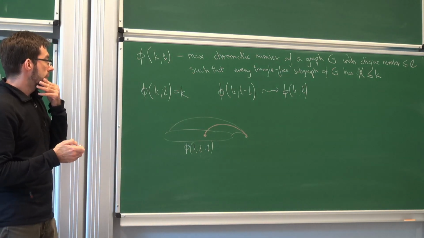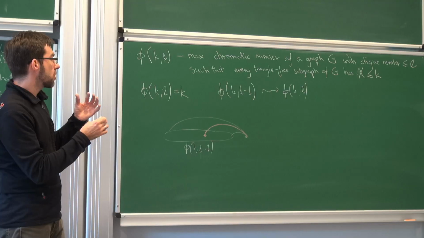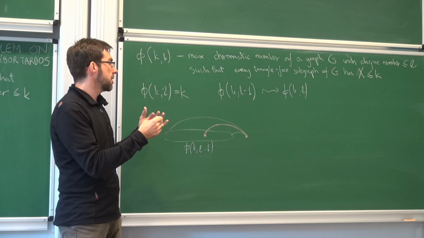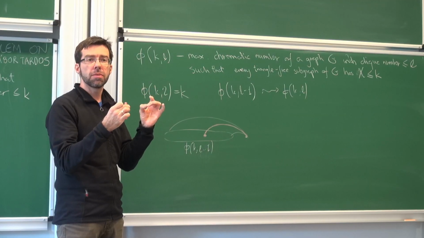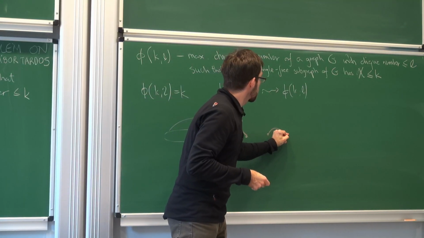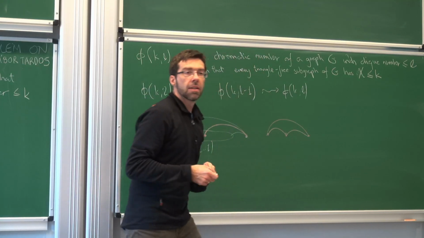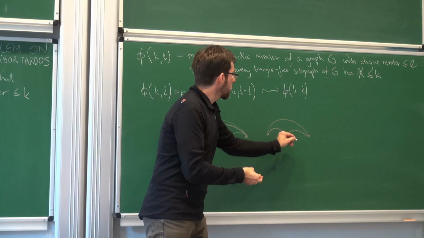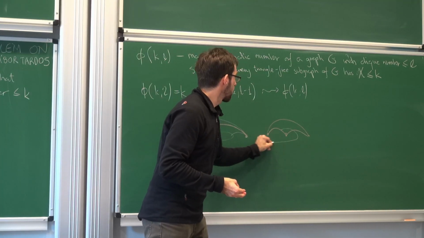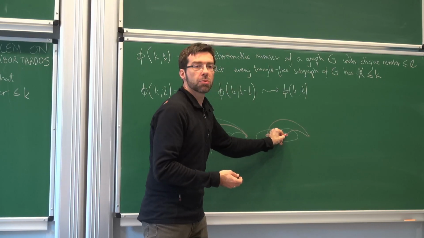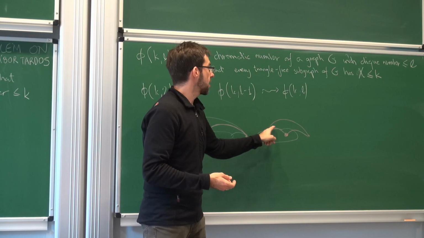And let us notice that if we focus on the subgraph which consists of just edges from one color, then we cannot have a triangle. This is not possible in one color. Because what would that mean? It would mean that if we are looking at the back neighborhood of this vertex, this vertex was colored red and this vertex was colored red, but there is an edge between them.